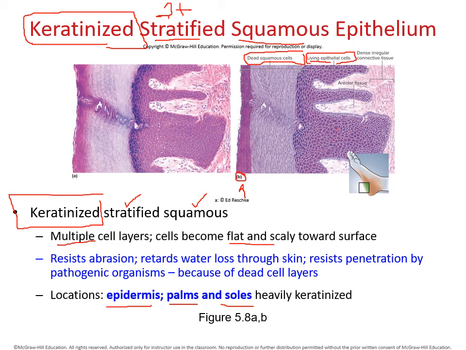And the palms are also excellent for fighting off any abrasion. In case you fall, we often land on our palms. So it's an excellent reason why we want to have that extra layer of dead cells to absorb some of that shock. So that is where keratinized stratified squamous epithelium comes in.